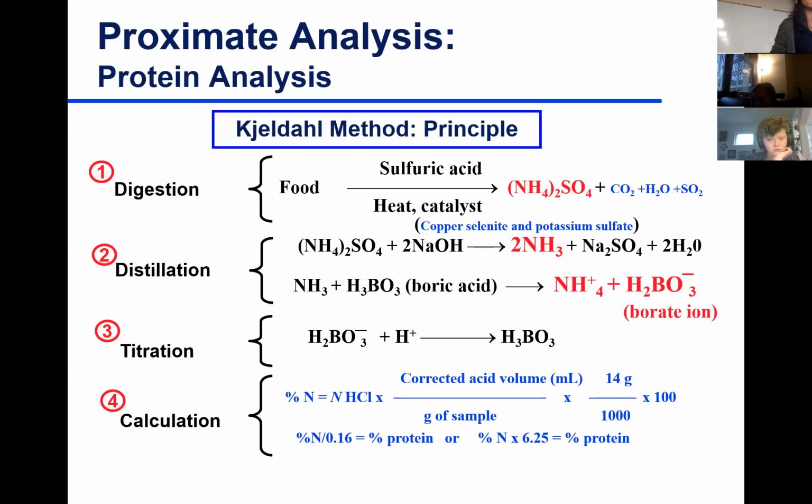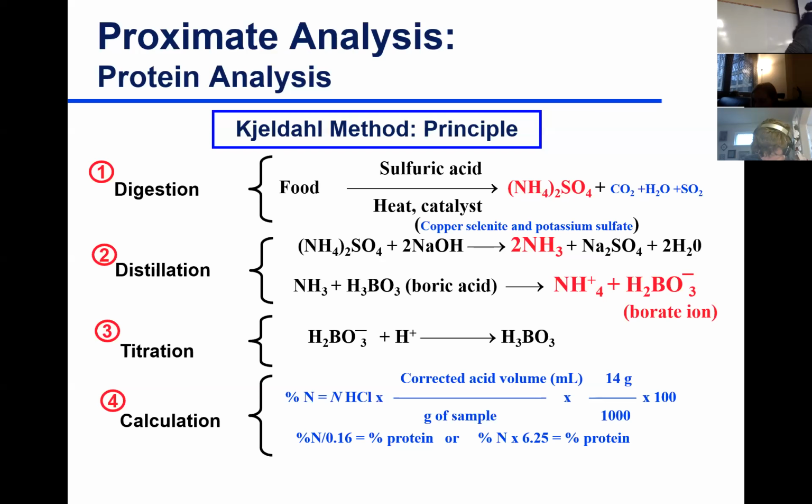That's a base. Okay, so you'll see a lot of colors in the reaction. It's a very colorful reaction. With the boric acid, we will have an indicator in there. The indicator will be red in the acid and becomes yellow with the base.